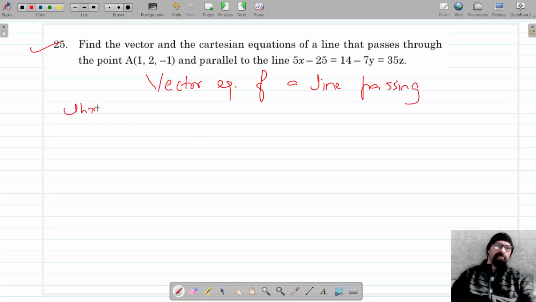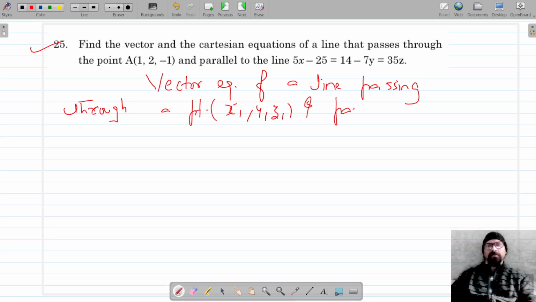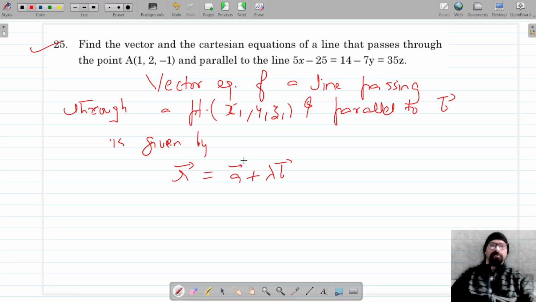So the vector equation of a line passing through a point x1, y1 and z1, and parallel to b vector, is given by r vector is equal to a vector plus lambda into b vector, and a is the position vector of the point through which it passes.